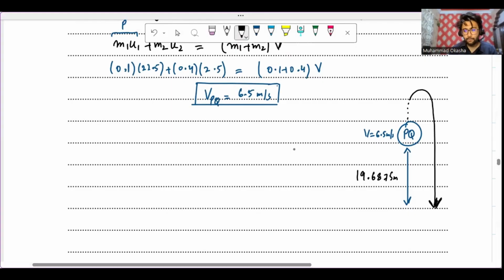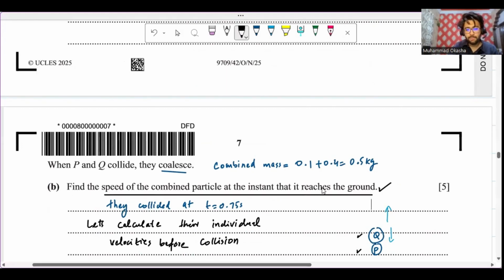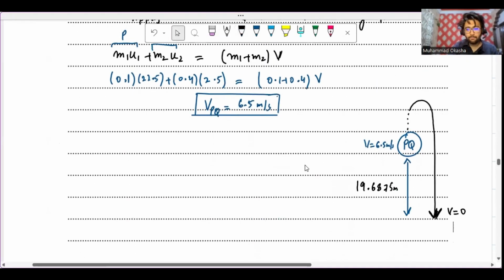What we are required to do in the question is, what is the speed of the combined particle at the instant when it reaches the ground? Which means we need to find out the velocity at this point. Okay, so how would you do this? Well, one way of doing it is, the displacement between this point and this point is 19.6875, right?